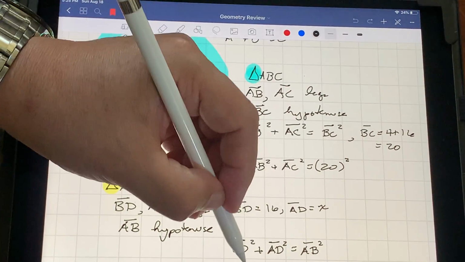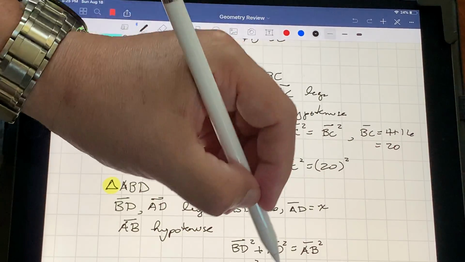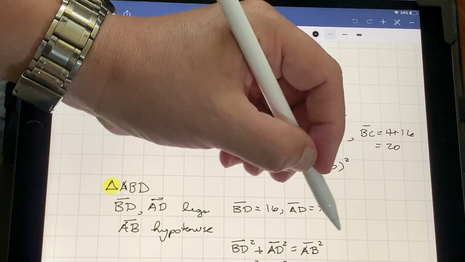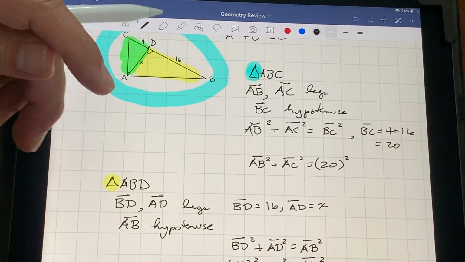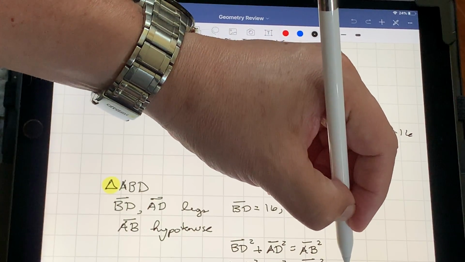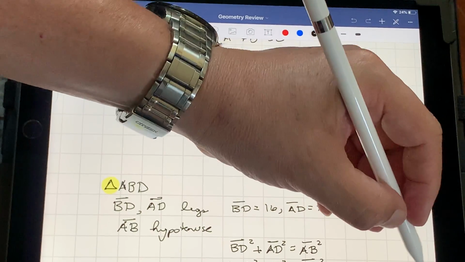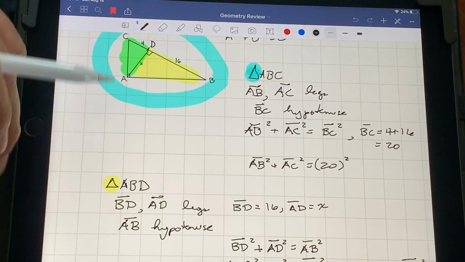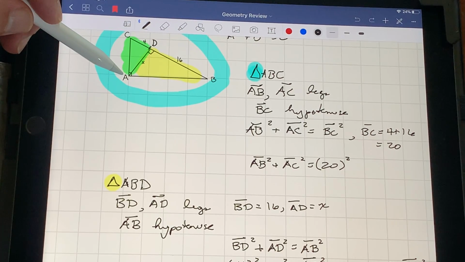So replacing, I can say that is 16 squared plus x squared equals AB squared. So I can solve, so I can say that that's 256 plus x squared equals AB squared.